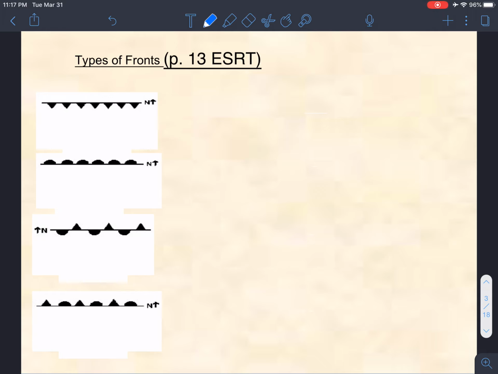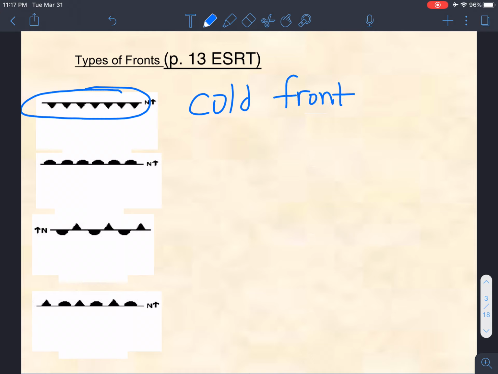Okay, so the first one that we see here is a cold front. And a cold front is going to be drawn in blue, and it has different little triangles on the bottom here. So you can think of these triangles as icicles, right? Icicles represent cold temperatures.